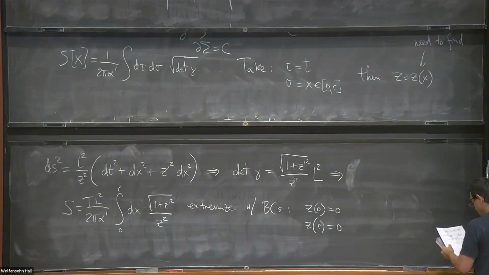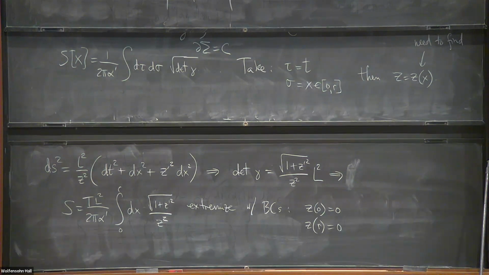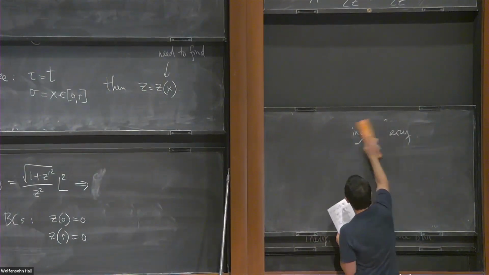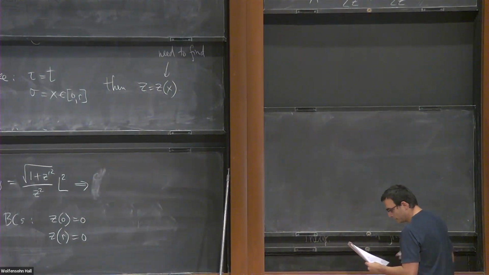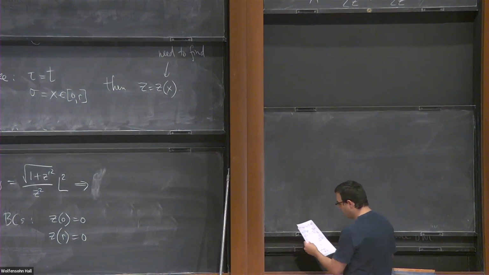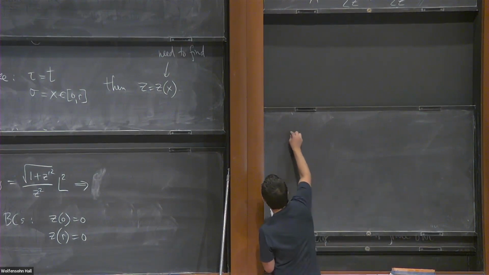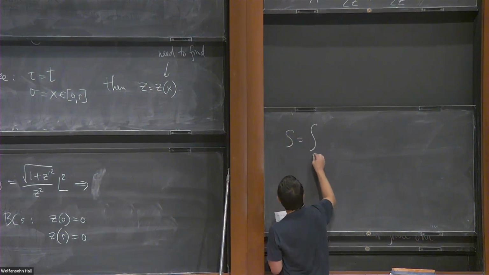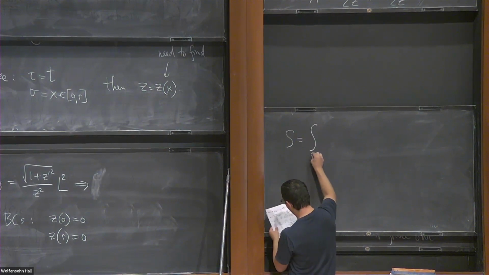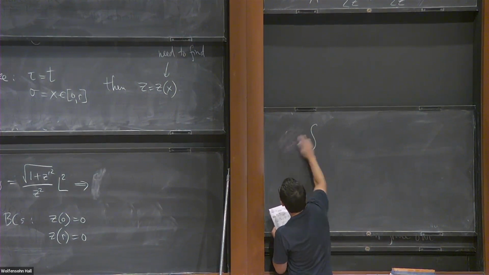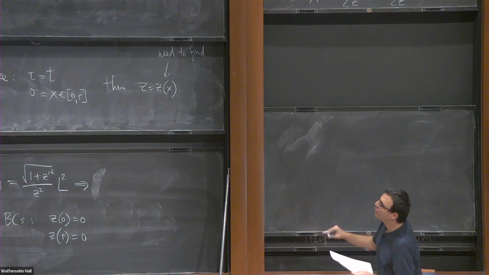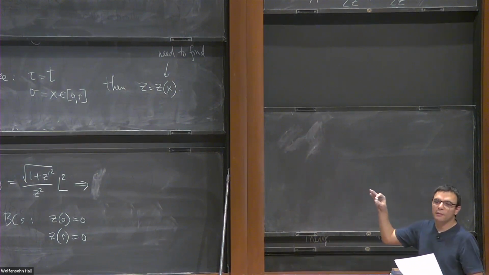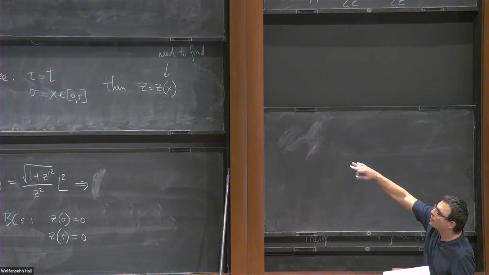So the answer is, well, if you do the calculation, this is the answer that you'll find. You'll find that S is the integral from, well, you'll find that the answer actually diverges because the space is infinite close to the boundary.